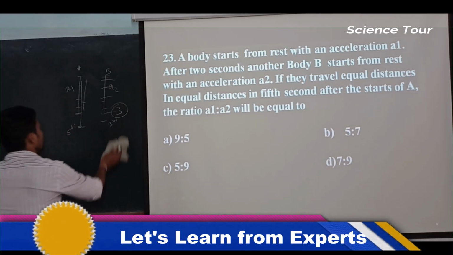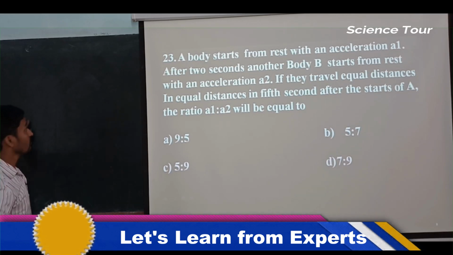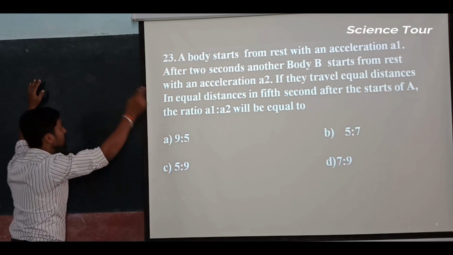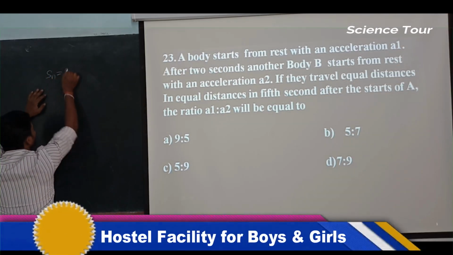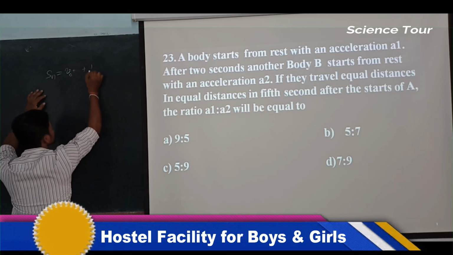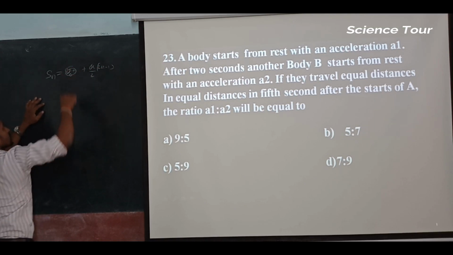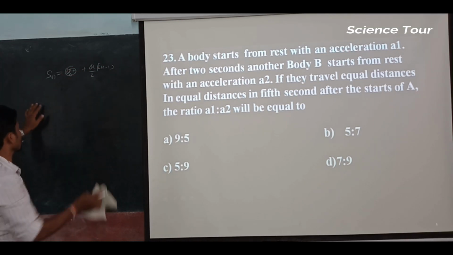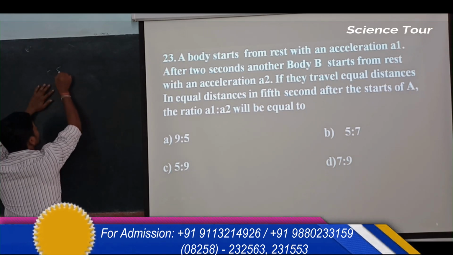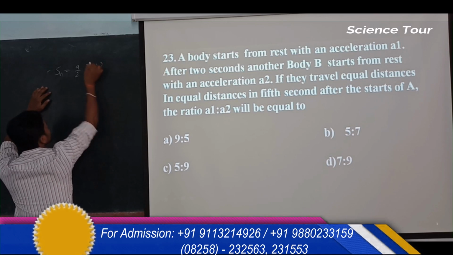The fifth second is the motion of the object in the nth second. They started from rest, so we have v naught t plus a by 2 into 2n minus 1, but the first term becomes 0. So S nth is equal to a by 2 into 2n minus 1.